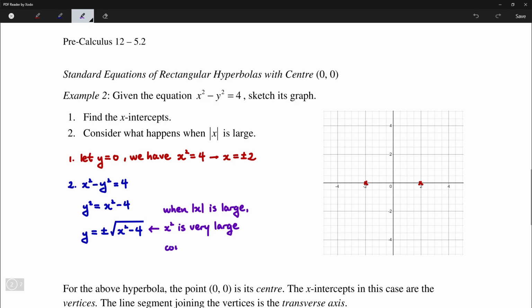What ends up happening is that the 4 accounts for a very small amount of the difference, x squared minus 4. So this number might as well be approximately equal to x squared, and then we're simply taking the square root of x squared. So we can say that y is approximately equal to positive or negative x. And that will give us asymptotes for our hyperbola graph.